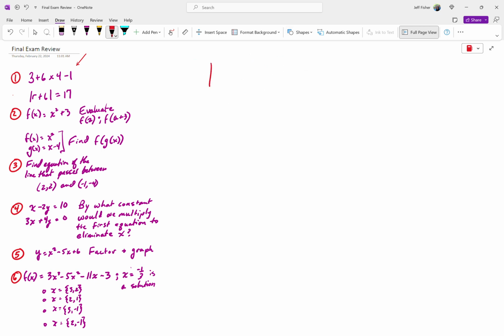And then if we have an absolute value equation, remember what this is saying is that the quantity r plus 6 is 17 units from 0 on the number line. So if you have 0 on the number line, this value r plus 6 is out here at negative 17 and 17.